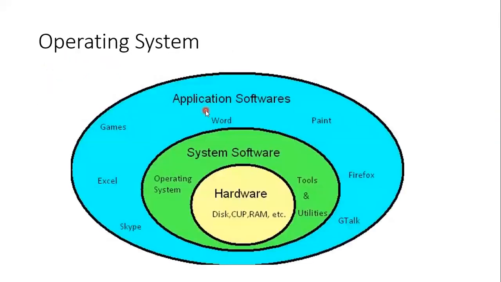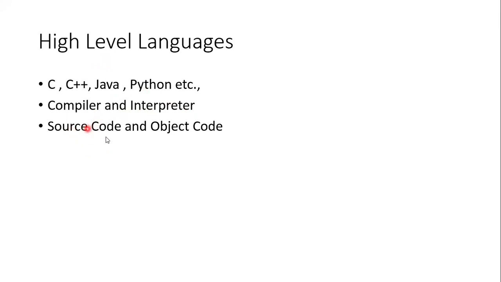Similarly, in the high level, the source code is C, C++, Java, whatever you are going to use. When you compile a C or C++ program, an object code is generated. This object code is the only thing accepted by the computer. So that is source code and object code.